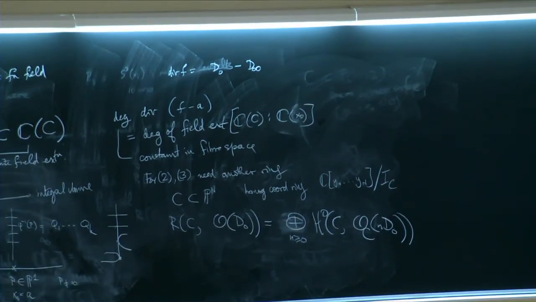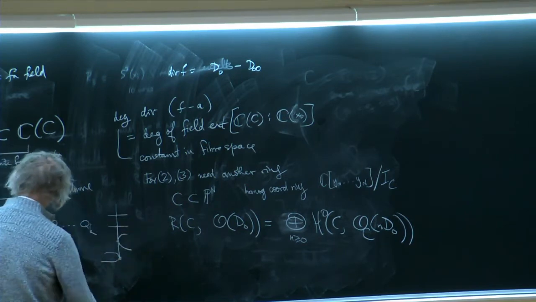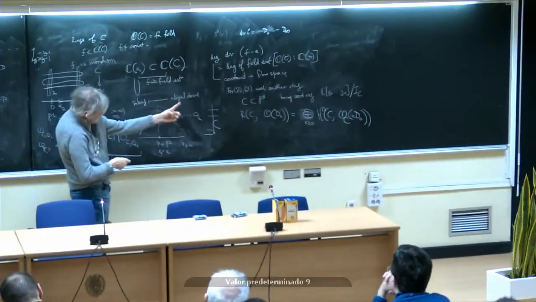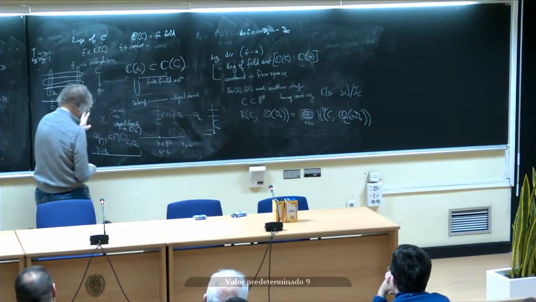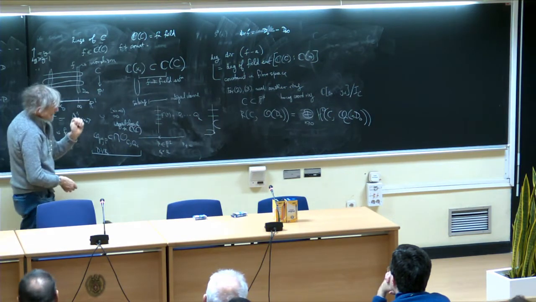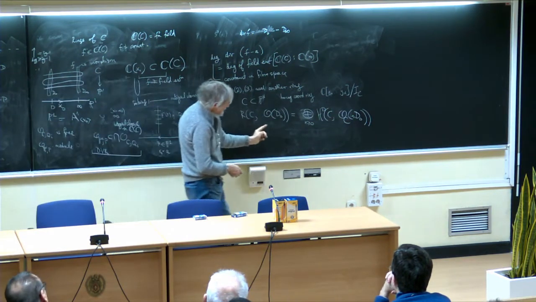So the point is that even if this map F is just the projection of C onto the first two coordinates, for example y0, y1, x0, x1, this ring is a bigger ring than this one.